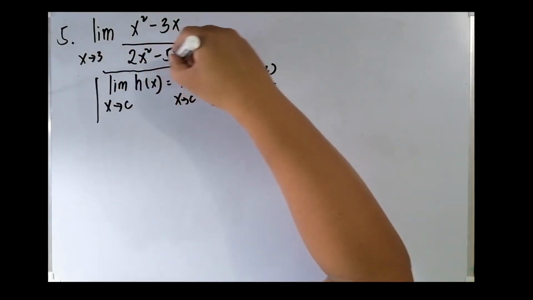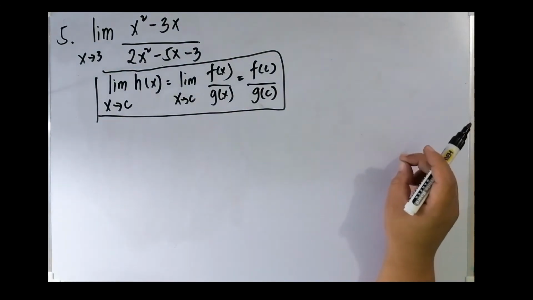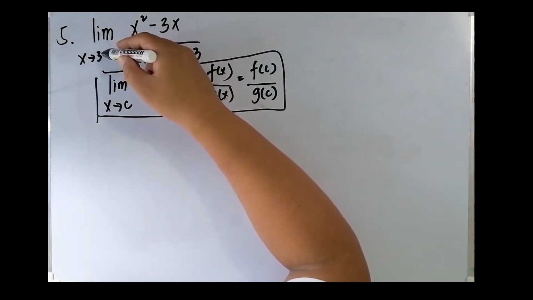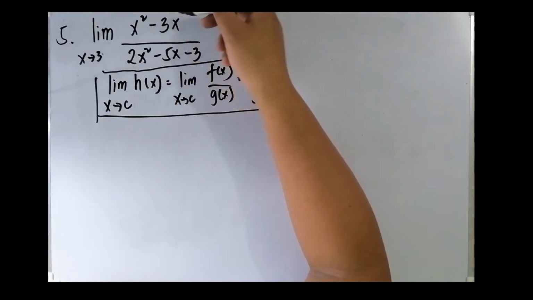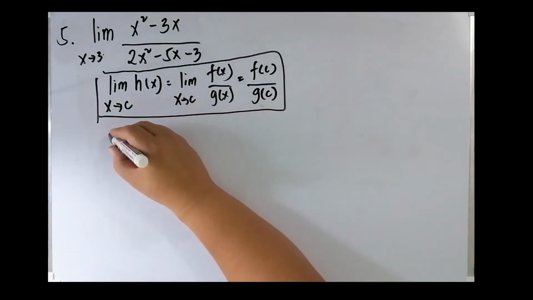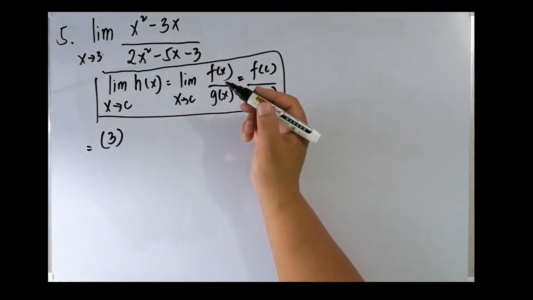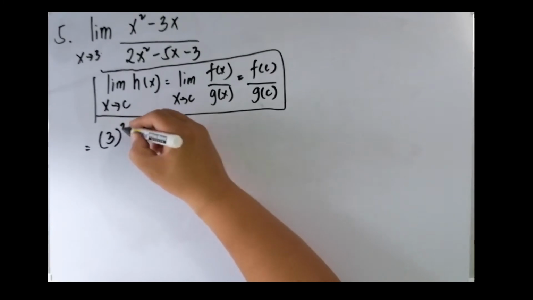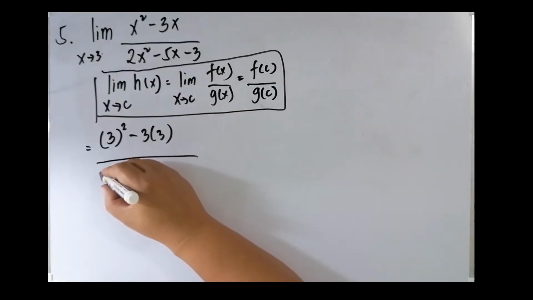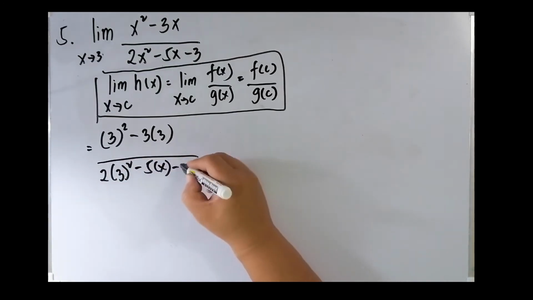Paano natin i-apply ang equation or ang theorem na to? We simply plug in our c here, which is 3, in our equation or yung mga x natin. So, we have 3 raised to 2 minus 3 times 3 all over 2 times 3 squared minus 5x minus 3.